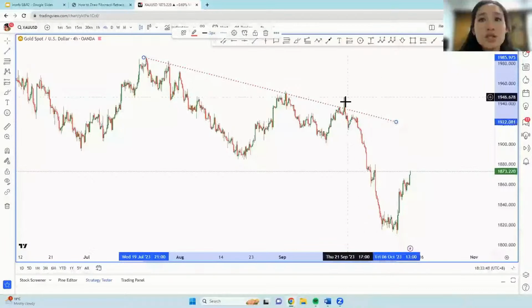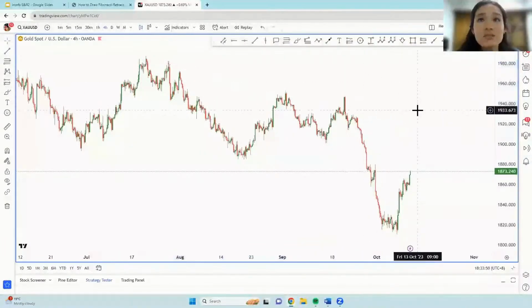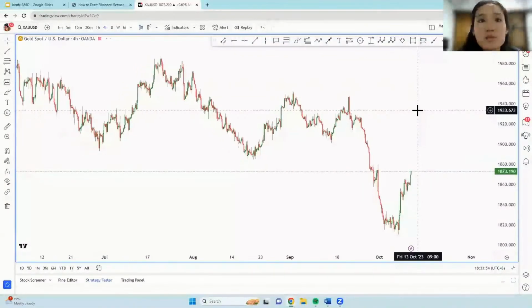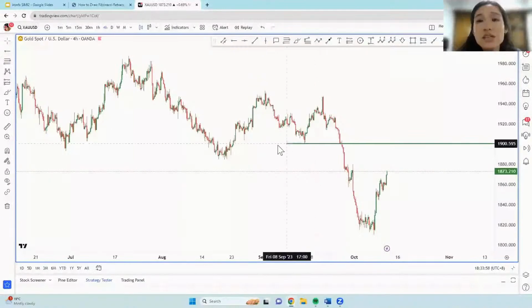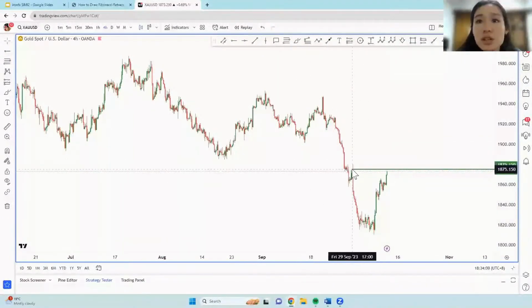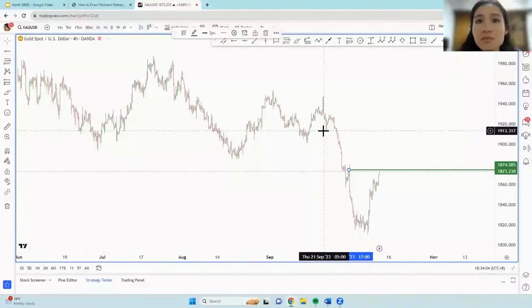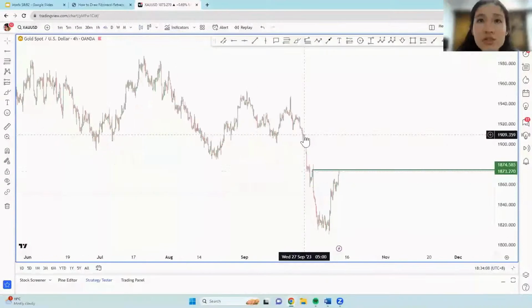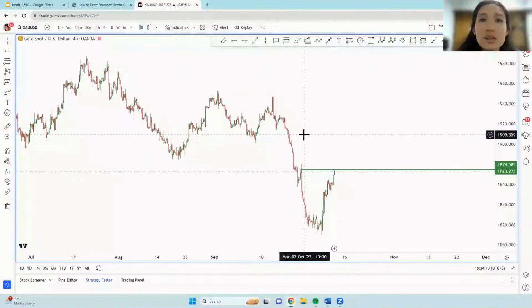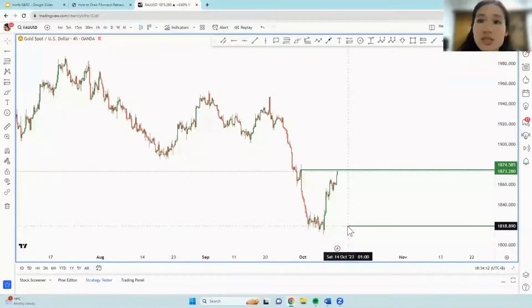Also no, because we have this area here. We don't have any trend channels or trend lines, but we will just go ahead and add some support and resistance levels now.